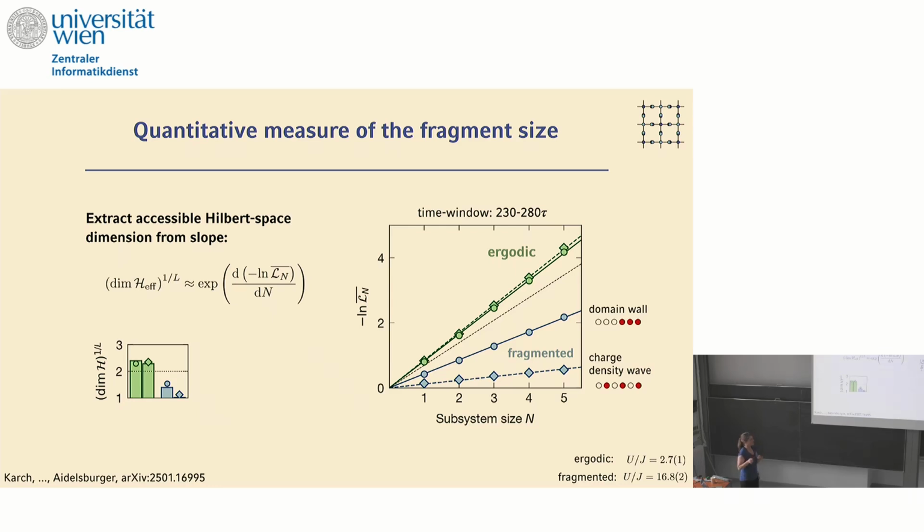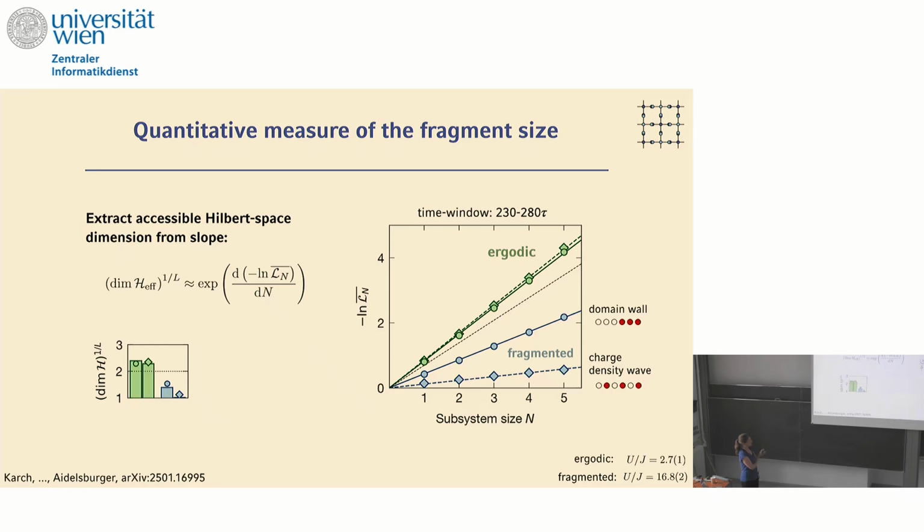Ideally, if you also have doublons that do not cost any energy, I think you end up at something like 2.6 if you restrict it with our U. So it's a little bit blocked in energy. And here we measure something like 2.4. So it's very close to just saying that doublons are energetically a little bit suppressed, which reduces your local Hilbert space.